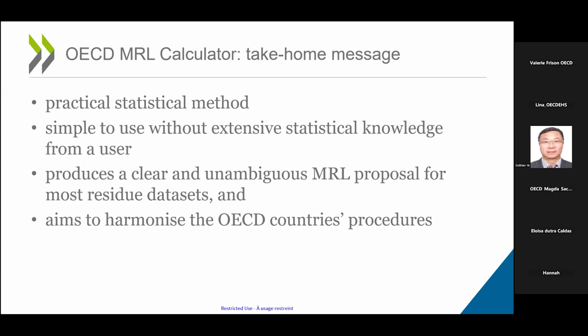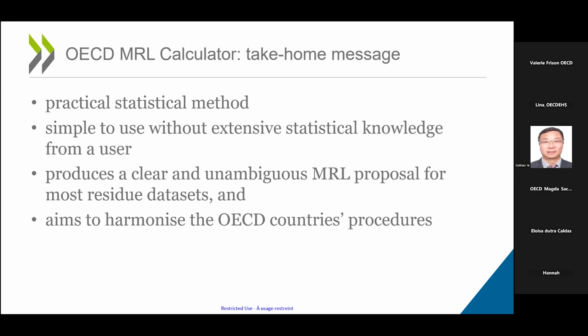So to wrap up, the OECD MRL calculator is a practical statistical method. It's very simple to use without extensive statistical knowledge from a user. All this work has been done in advance for specialists, which enables you to use it without really having deep statistical knowledge in this area.